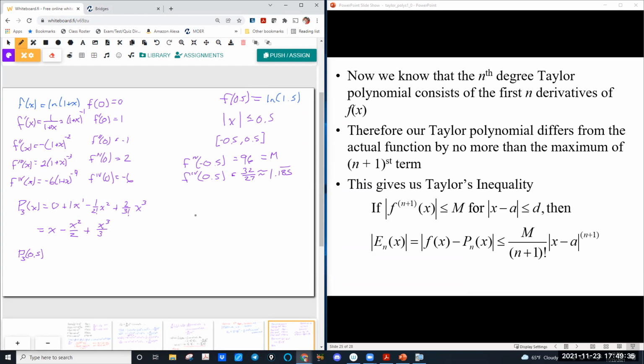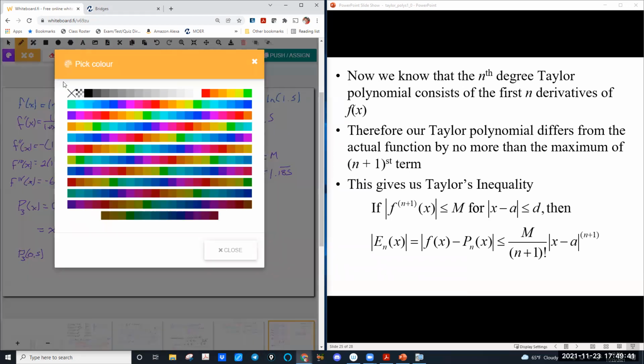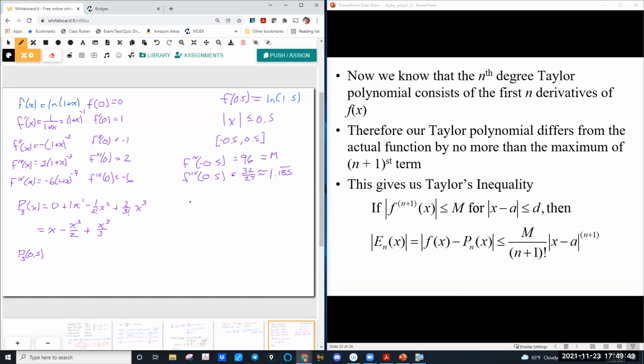So our error estimation for the third degree Taylor polynomial, we know that the error in our third degree Taylor polynomial is going to be less than or equal to our M, which is going to be 96 over 4 factorial. Now the x minus a, well, x minus 0 is going to be the 0.5.